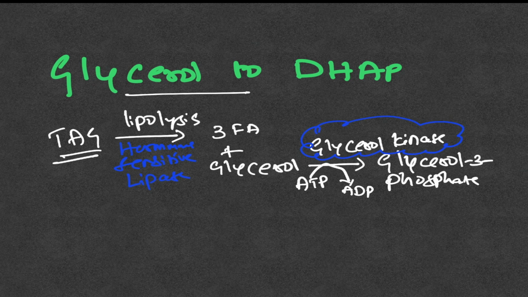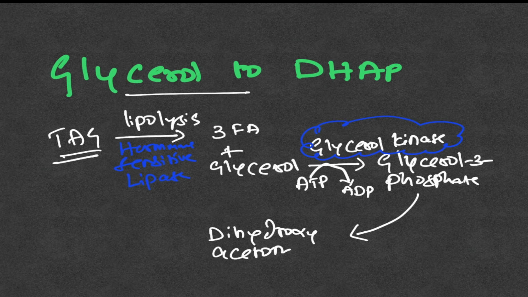Now, the glycerol 3-phosphate will be converted to dihydroxyacetone phosphate, DHAP. That is the DHAP that I have written here. Dihydroxyacetone phosphate formation from glycerol 3-phosphate is done by glycerol 3-phosphate dehydrogenase.